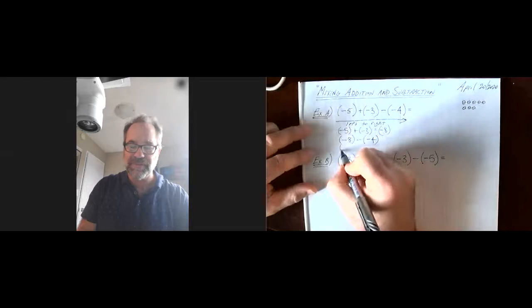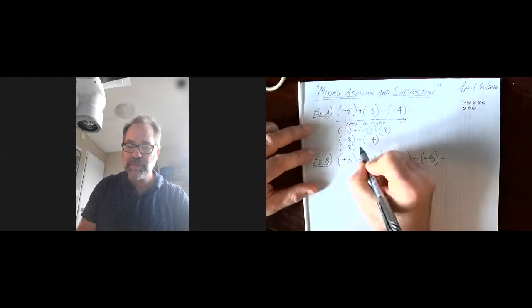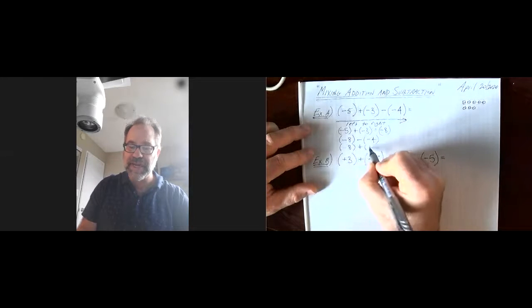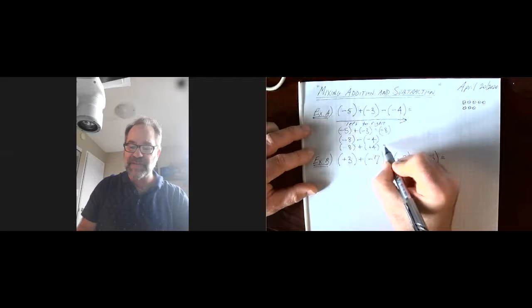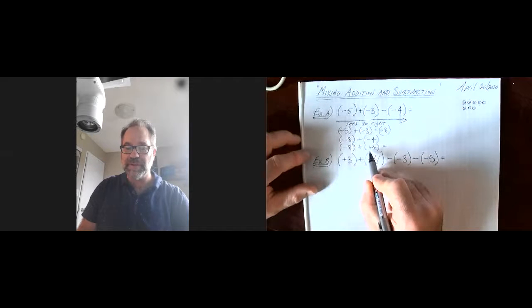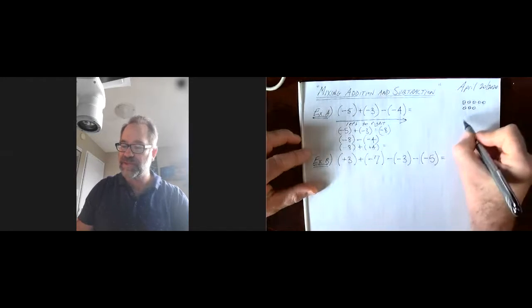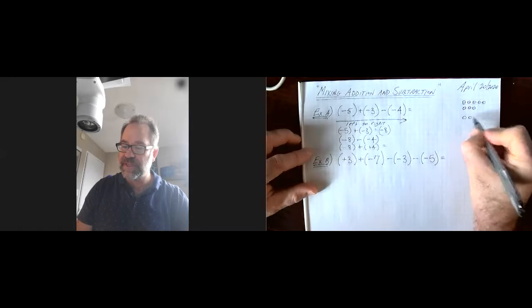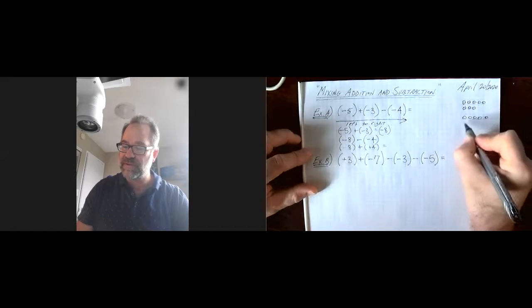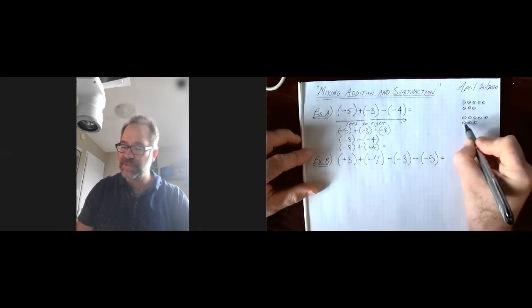So we keep the first one the same. We're going to add, but we're going to add the opposite of -4, which is +4. So if we started at -8 and we added +4, a picture of that would look a little bit like this. So those are 8 negatives.